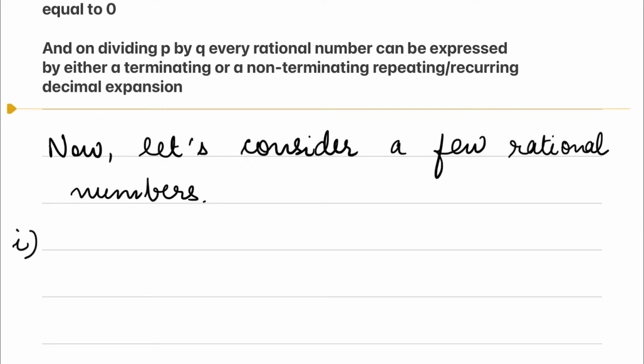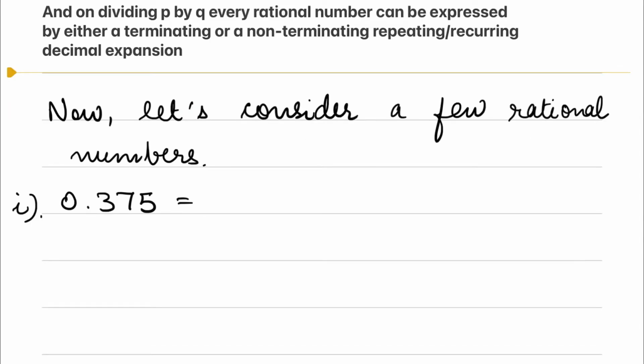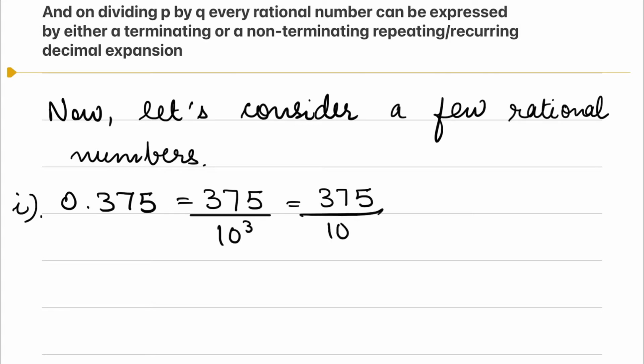So first let's take 0.375. This can also be written as 375 by 10 raised to the power 3 or 375 by 1000.